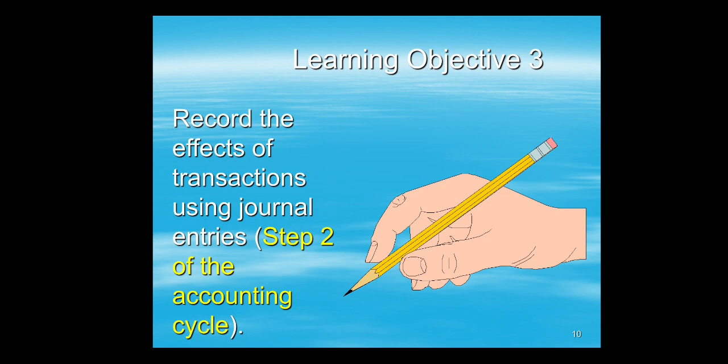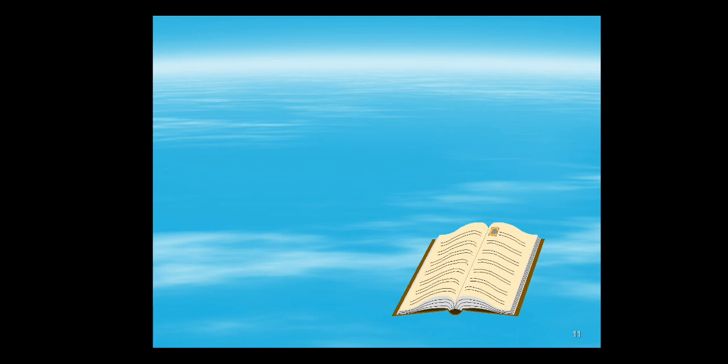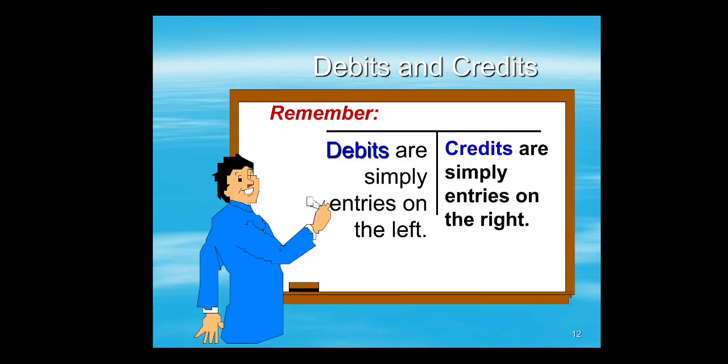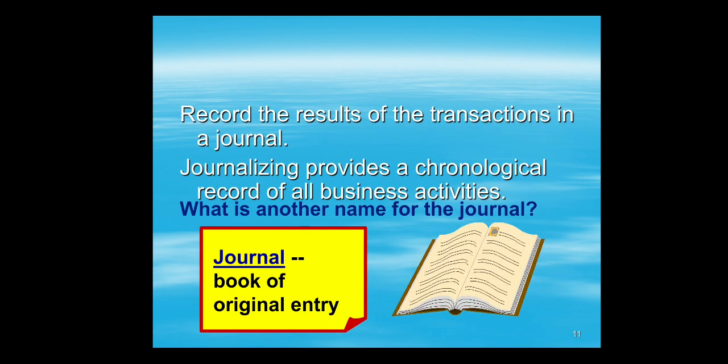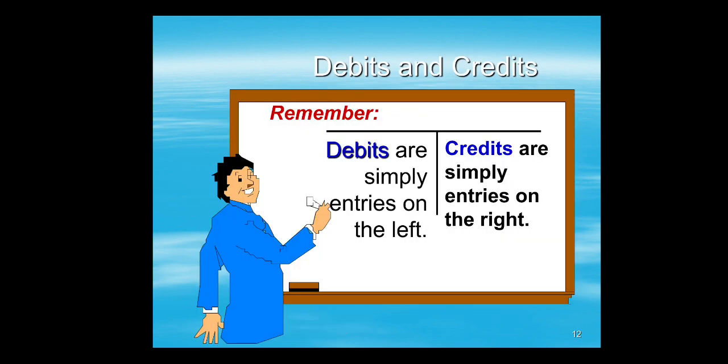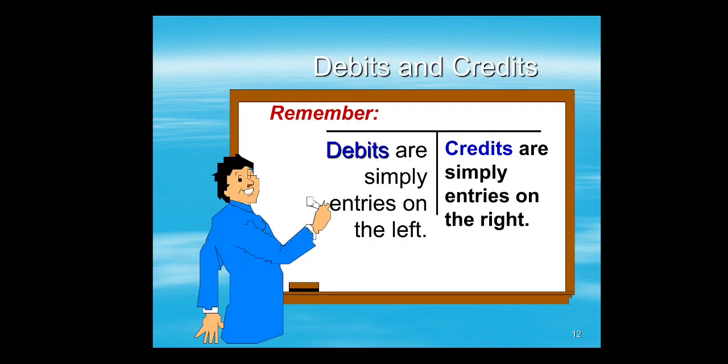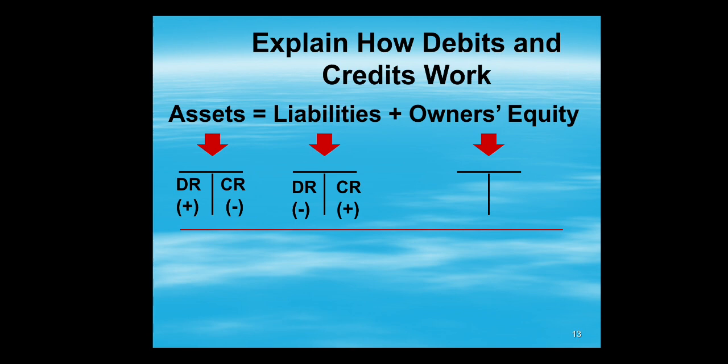After the analysis, you do the second step, which is this one. You record the transaction in the journal. Journal, like I said in the previous lecture, is the first book that we use in accounting. And I have told you before you can record the transaction in the journal, you have to know about the rule of debit and credit.